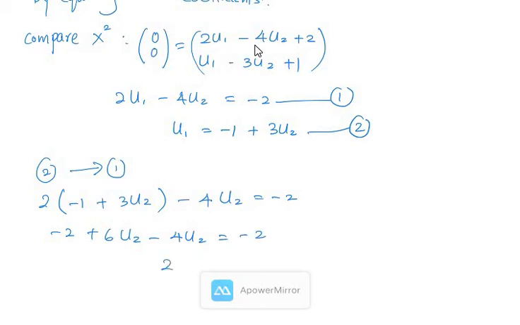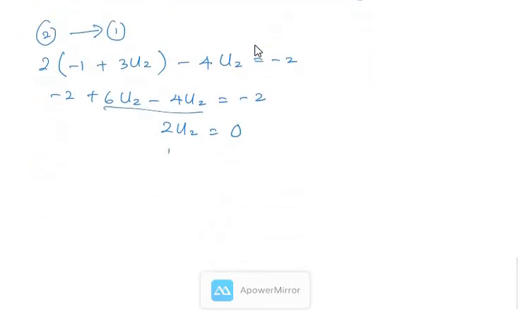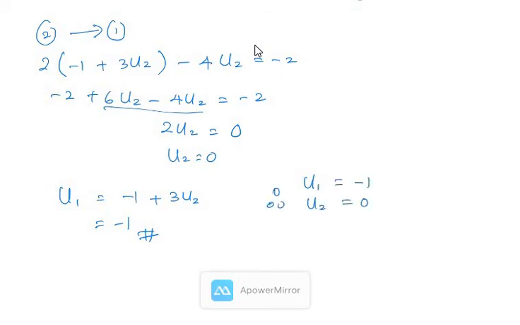So I have 2u2 equal to 0. So u2 equal to 0. And u1 I obtain negative 1 plus 3u2 from the equation 2. So you get negative 2 is u2 is 0. So you get the answer is negative 1. Therefore, u1 equal to negative 1, u2 equal to 0.